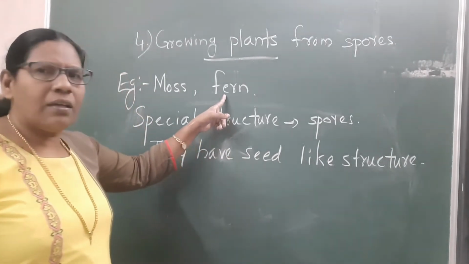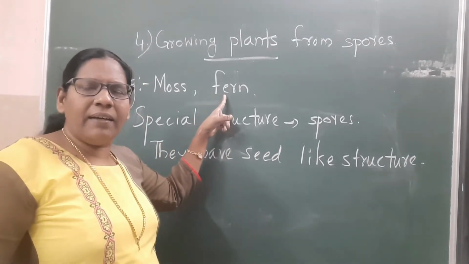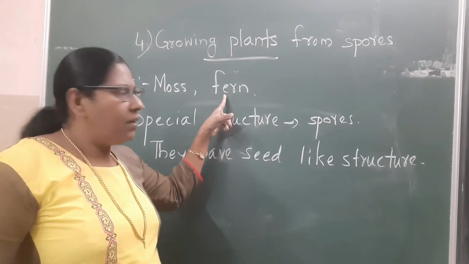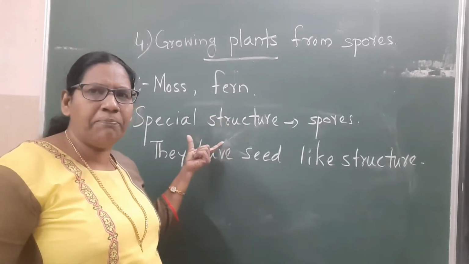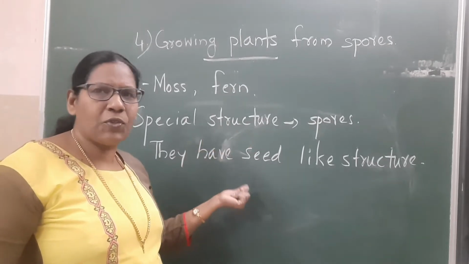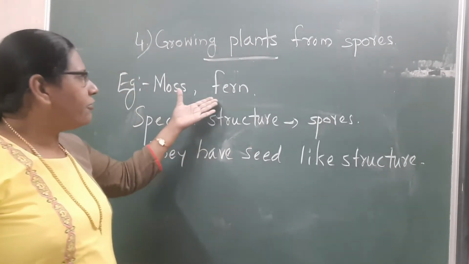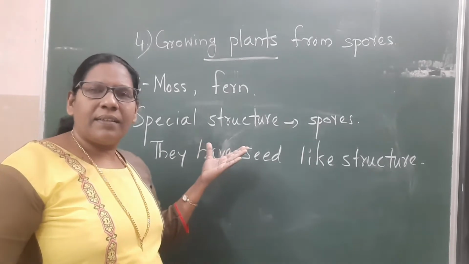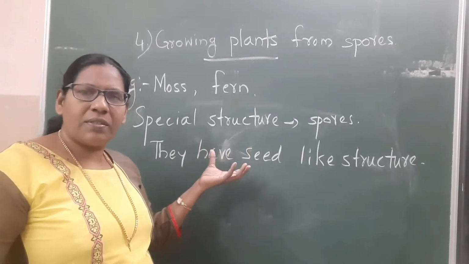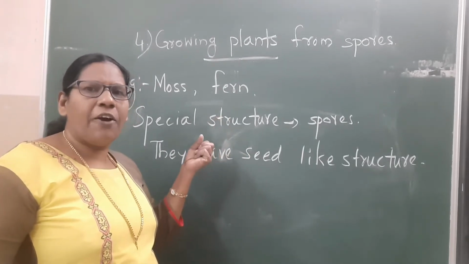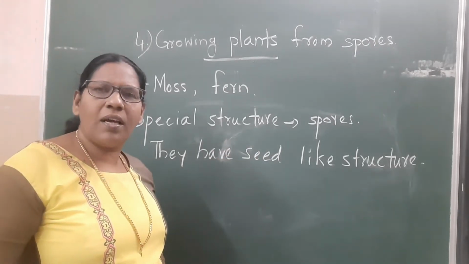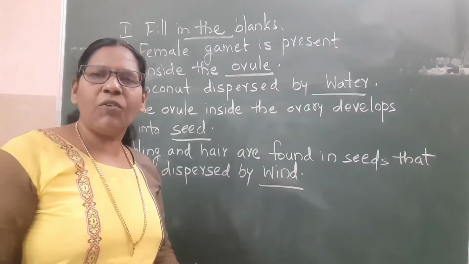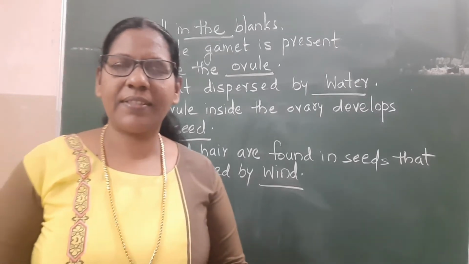In fern plants, a group of spores is found in the form of sori. That is called sori.